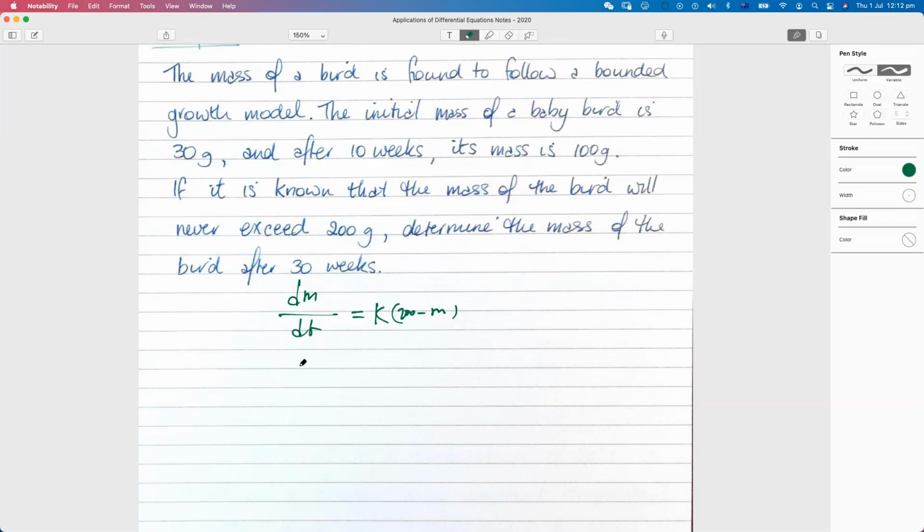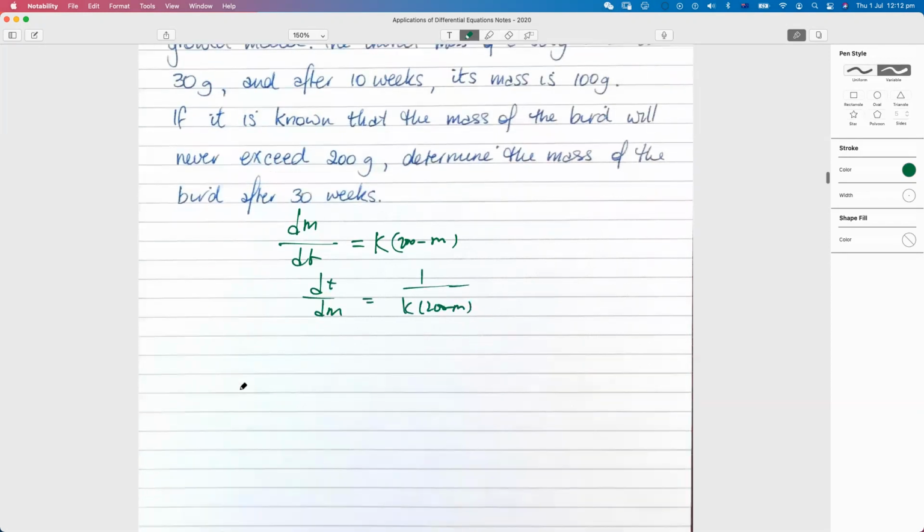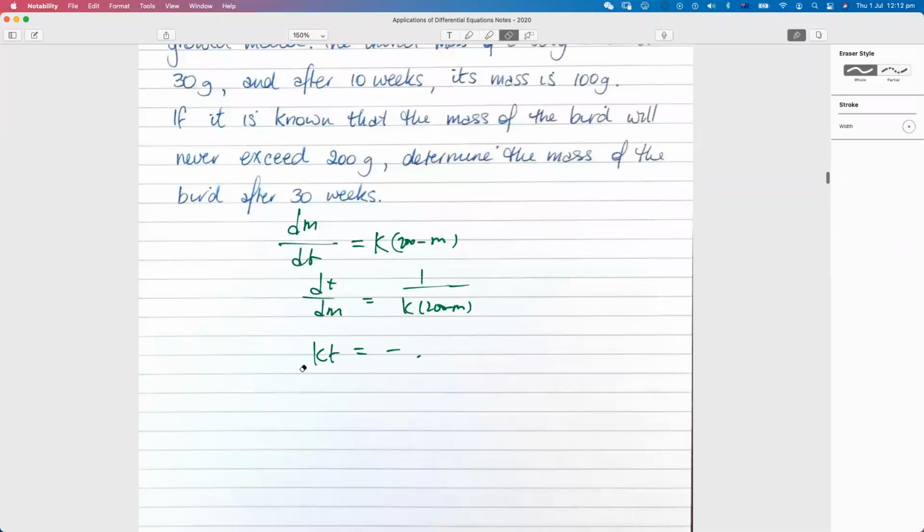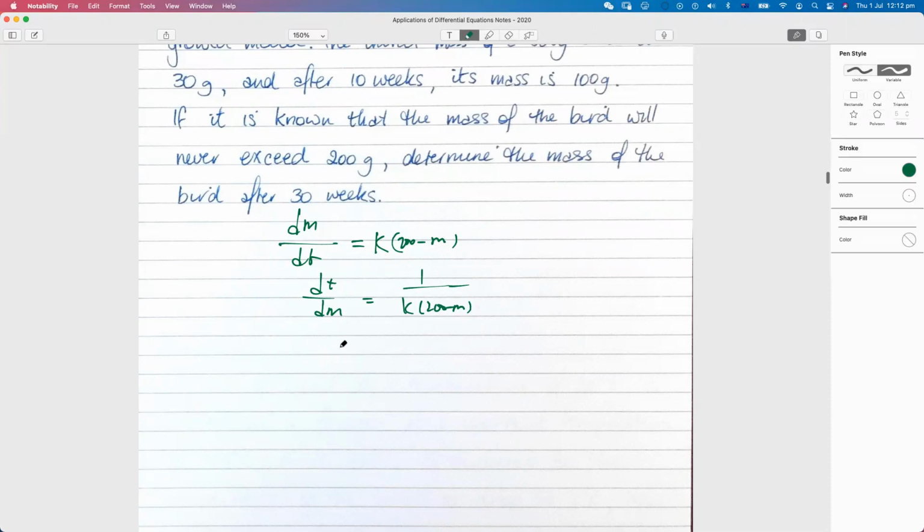So again, you're going to invert them: dt/dM is 1 over k(200 minus M). I want to show you this because it's a very common mistake here.